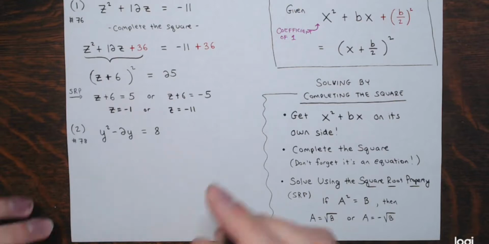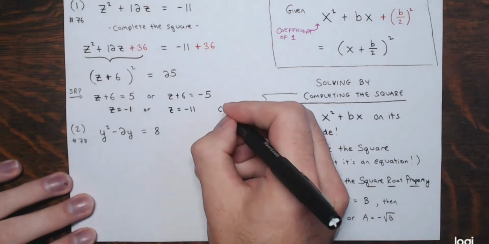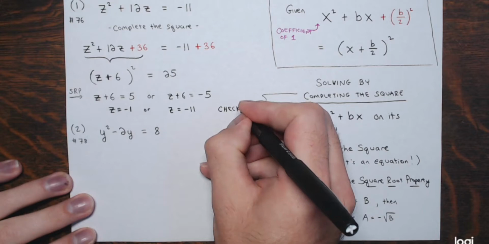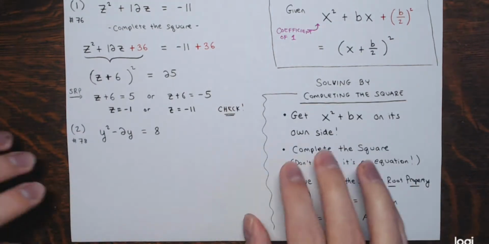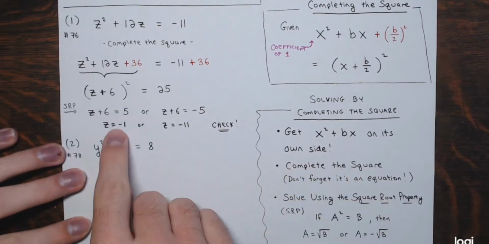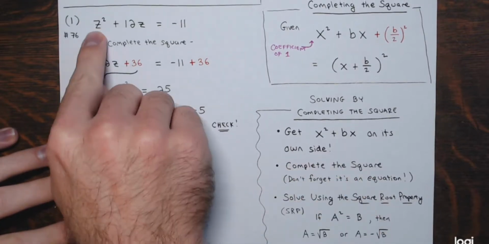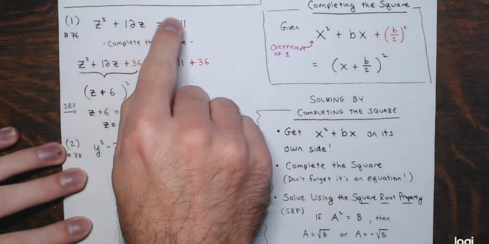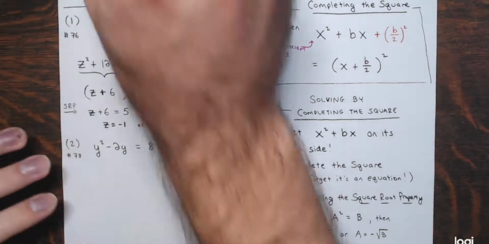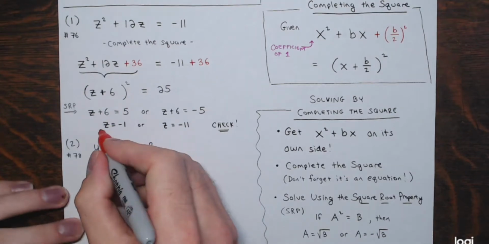And then we check. Always checking, back in the original equation. Alright, so when z is negative 1, that'd be positive 1 plus negative 12 equals negative 11. That is true. So negative 1 works.